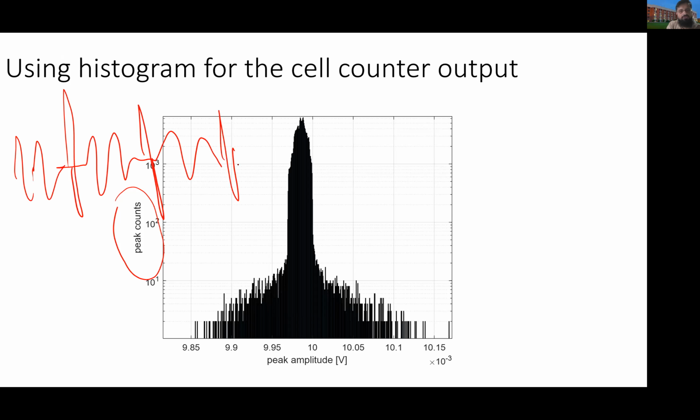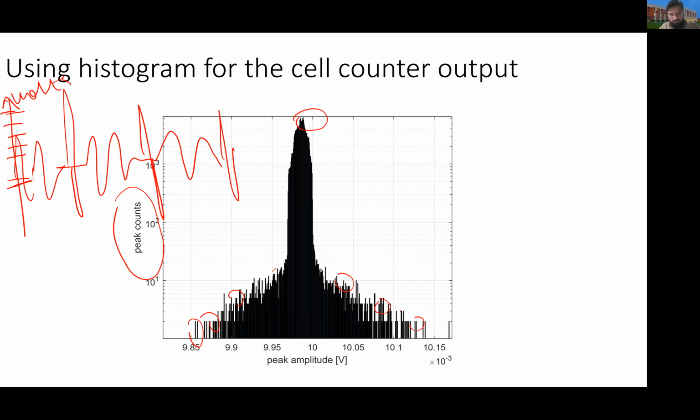So we are making small bins in the voltage axis, and in each bin I am plotting how many pulses I got. This is the basic idea.